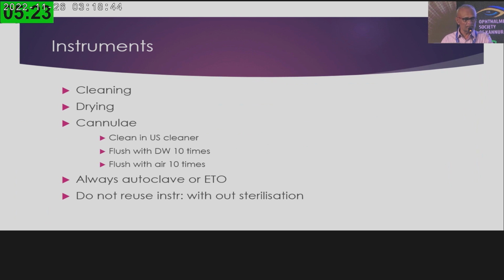If you have an air gun, that is good enough, and they should later be flushed with air so that they are made completely dry. Always autoclave the heat resistant instruments. There is no role for chemical sterilization in ophthalmology. And do not reuse an instrument without sterilization.